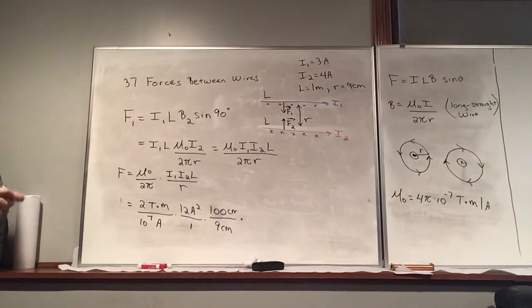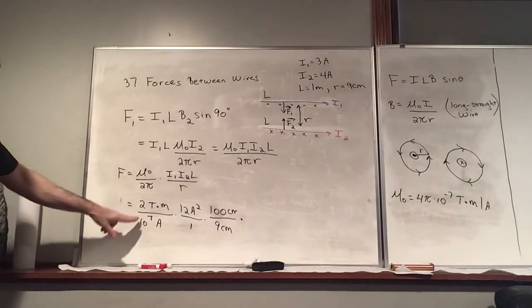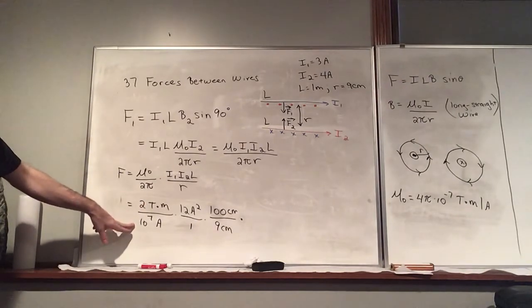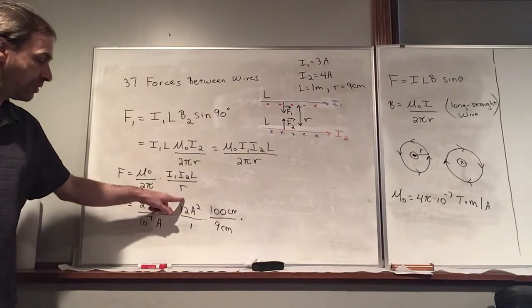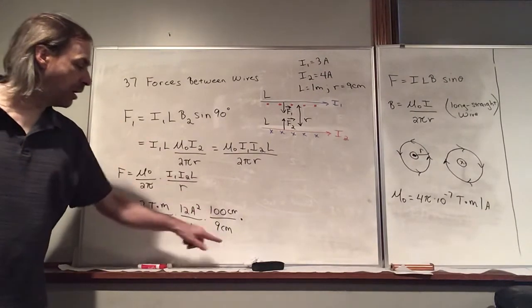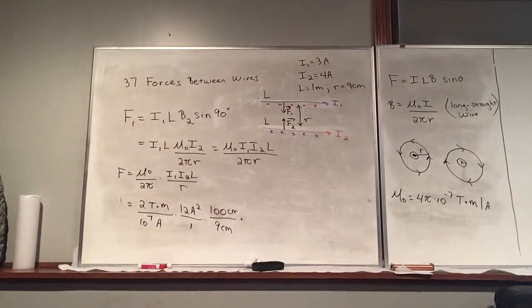So let's just double check. We've got mu naught over 2 pi. That looks good. I1, I2, that's 12 amps squared. And then L over R. Those units are going to cancel out. Okay. So now let's see what unit conversion factors we need here.